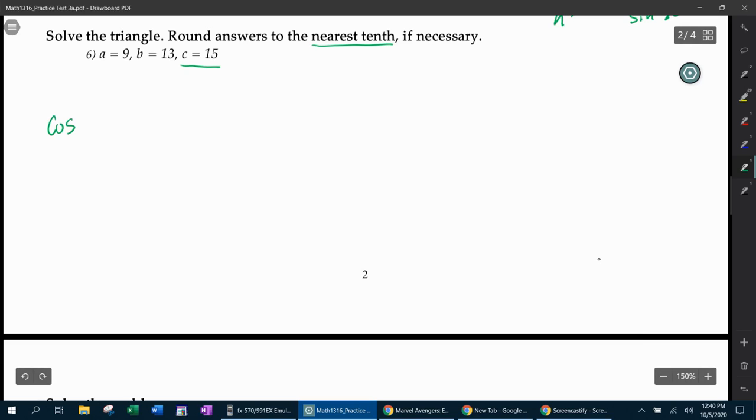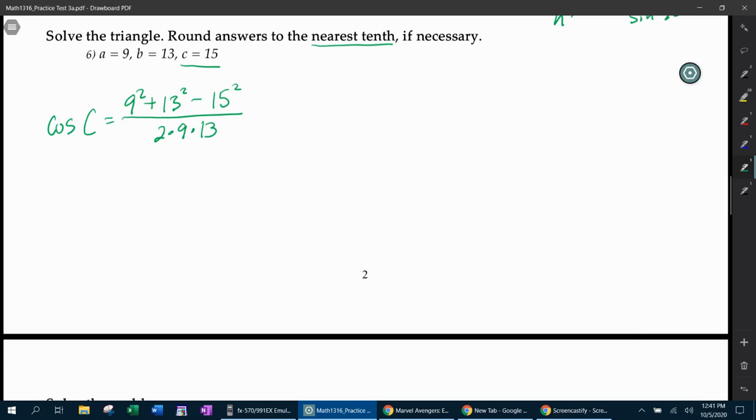So for the law of cosines, we're going to start with cosine of C, and that formula says A squared plus B squared minus C squared all over 2 times A times B. So there I was saying the formula, and I was doing the plug and play as I go. And then what we need to do is calculate this entire fraction out to a decimal.